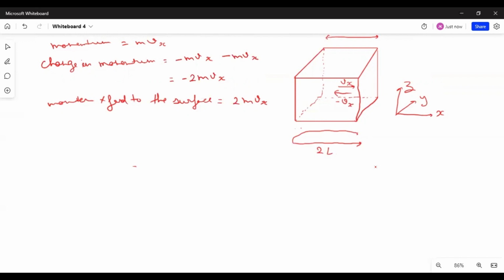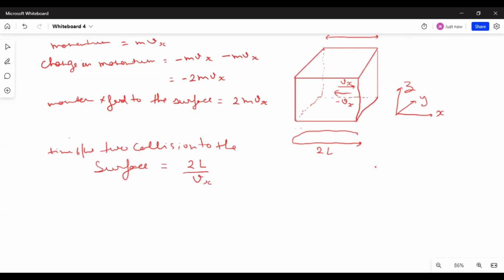So the time between two collisions at the surface will be the distance that it has traveled, which is 2L, over the velocity Vx.